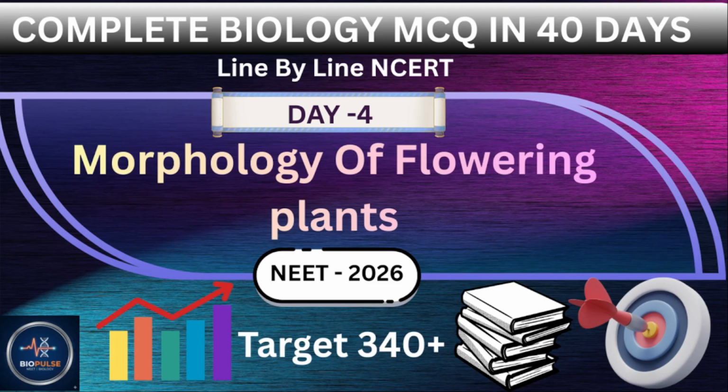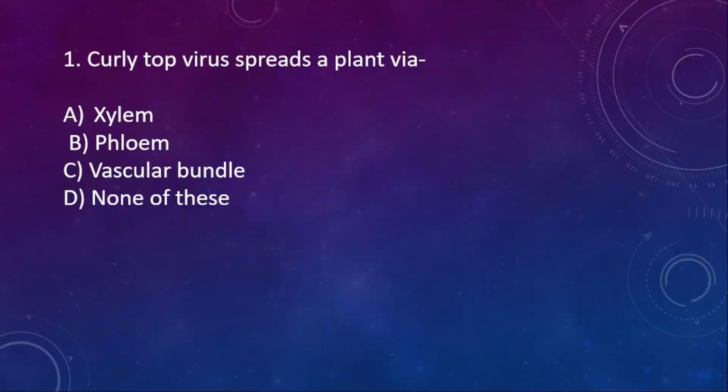So let's get started. First question, curly top virus spreads in a plant via option A xylem, option B phloem, option C vascular bundle, option D none of these, and here the right option is option B phloem.